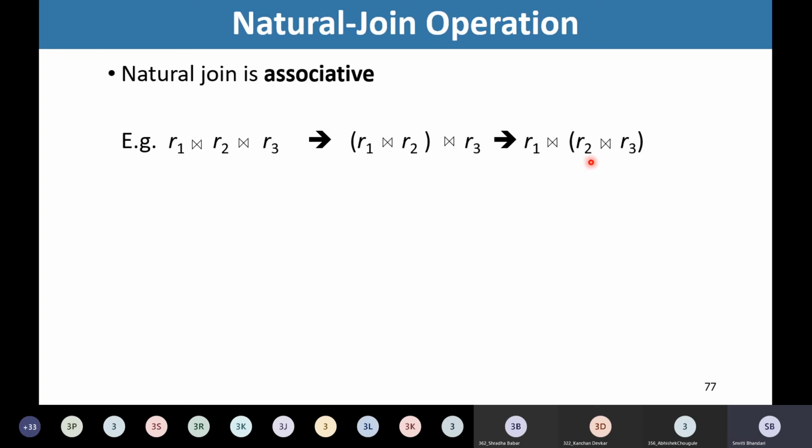It is the same as first performing the natural join of R2 and R3 and then the natural join of R1 with that output.